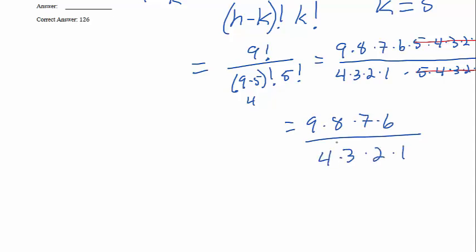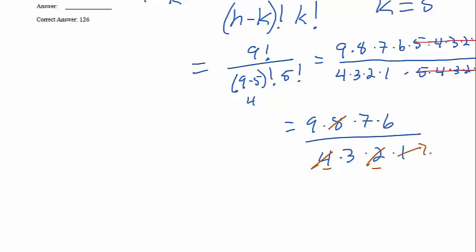Now you can multiply these out, but an easier way to do this is to say, hey, look, the 4 and the 2 multiply together into an 8. So I'm going to cancel the 8 and then those two because those are the same. And then what else divides by 3? Oh, there's a 9 and a 3.